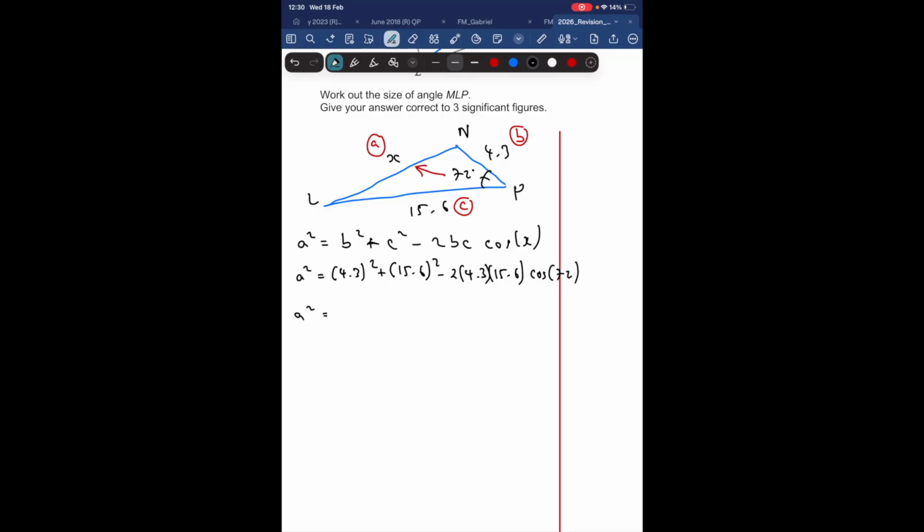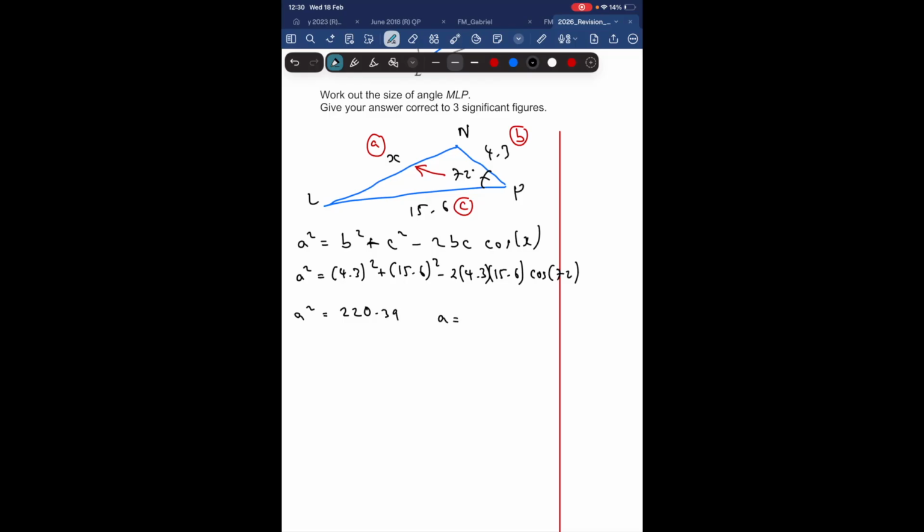If I then work that out in one go on the calculator, so 4.3 squared plus 15.6 squared minus 2 times 4.3 times 15.6 times the cos of 72, that's going to give me a value of 220.39.